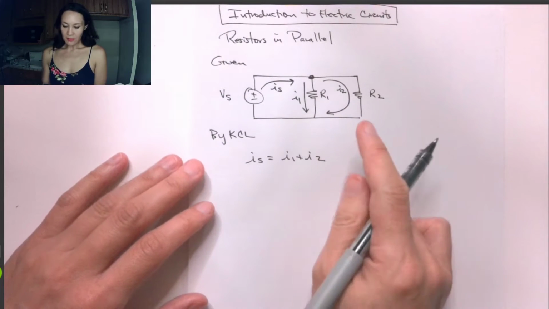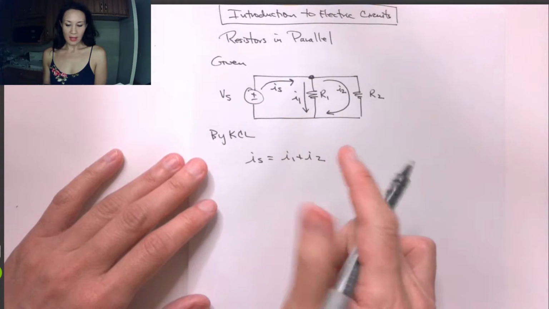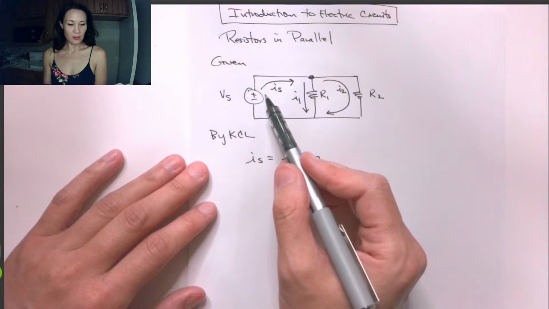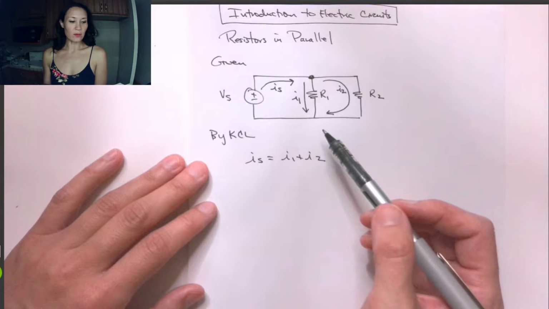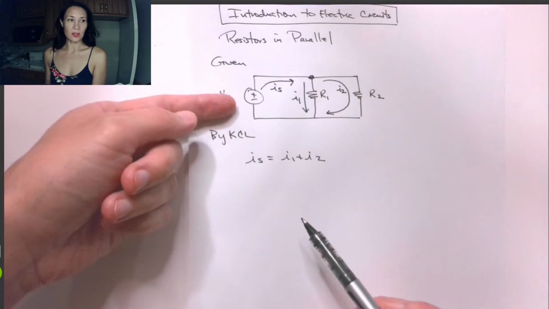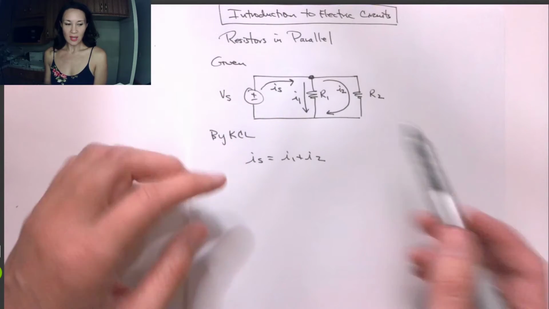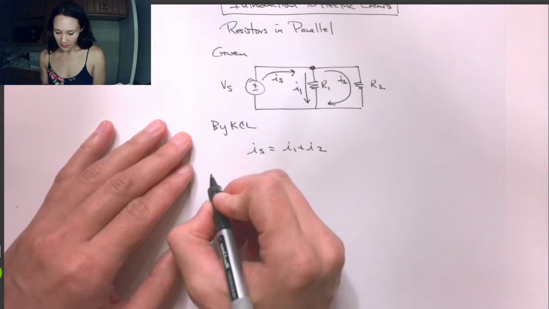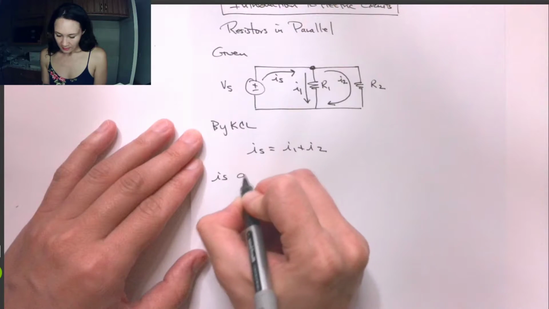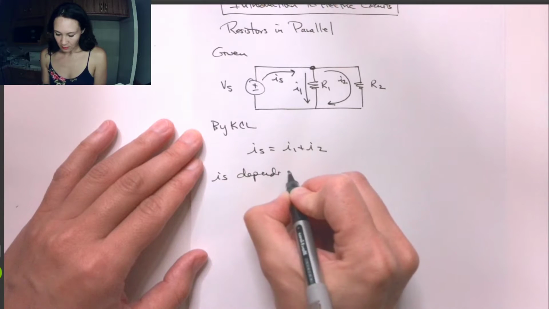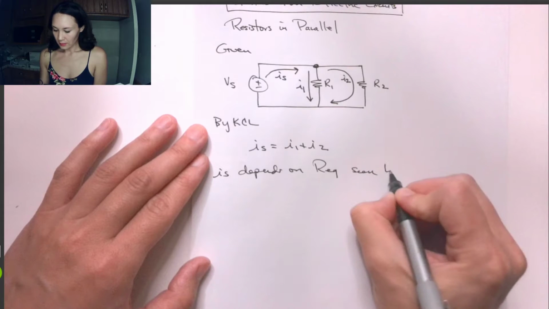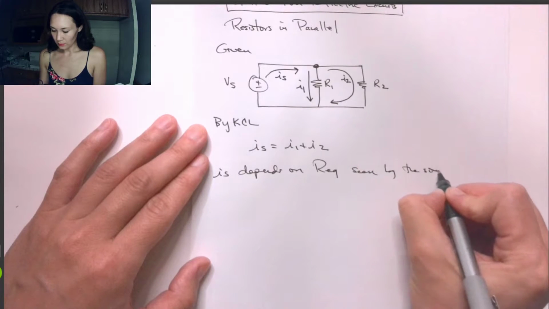Okay, so the other thing that we know is that however much source current is generated by this source depends on the equivalent resistance that is seen by the source. So if you imagine you stand at the source and you're looking into the circuit this way, what's the equivalent resistance you see? So we'll write here that Is depends on our equivalent resistance seen by the source.